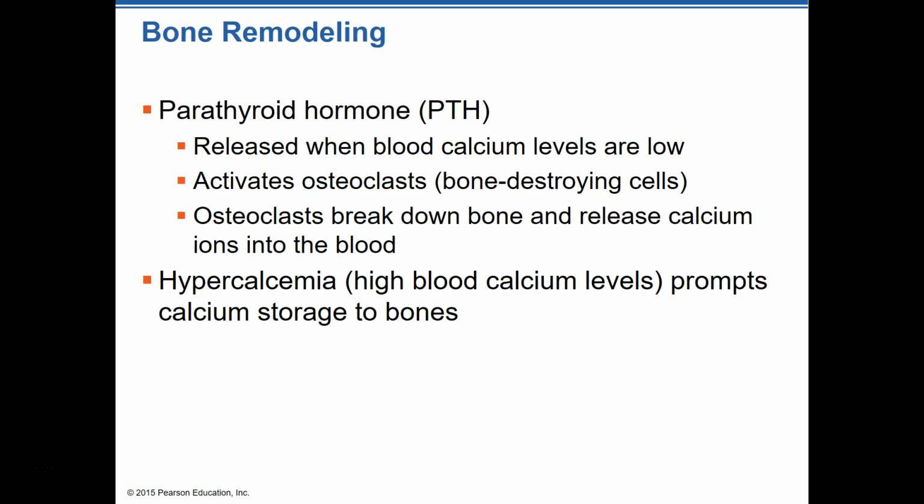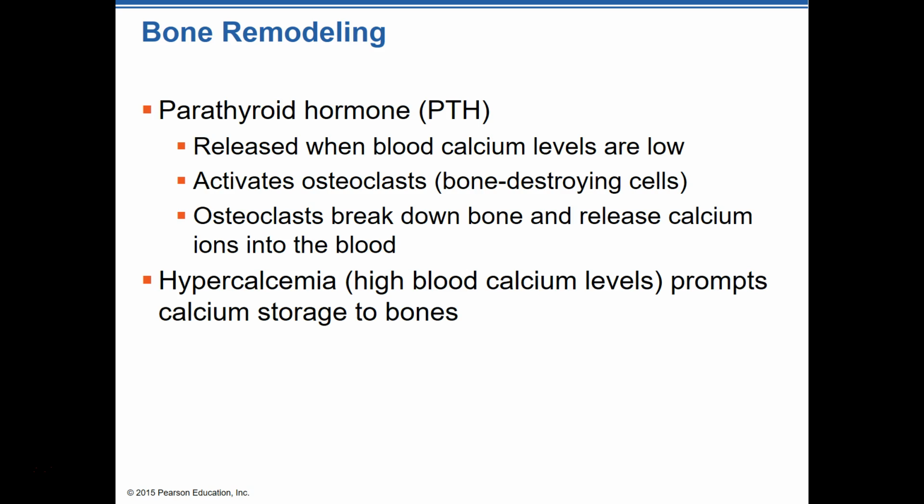So parathyroid hormone is released when blood calcium levels are low. It's going to activate the osteoclasts, which are already there. It just turns them on. They'll start destroying, breaking that down. And when the parathyroid hormone goes away, when there's no longer that hormone present, the osteoclasts will go back dormant again.